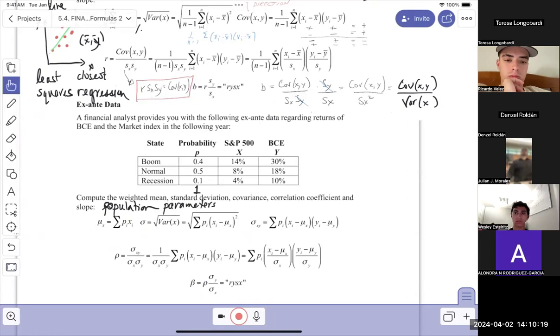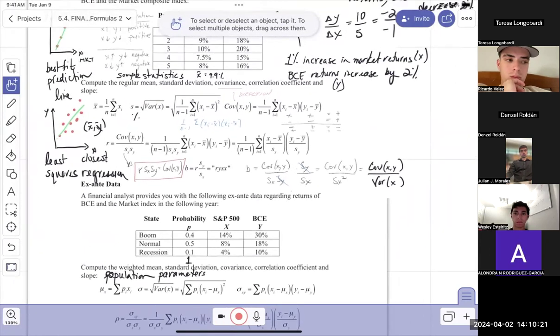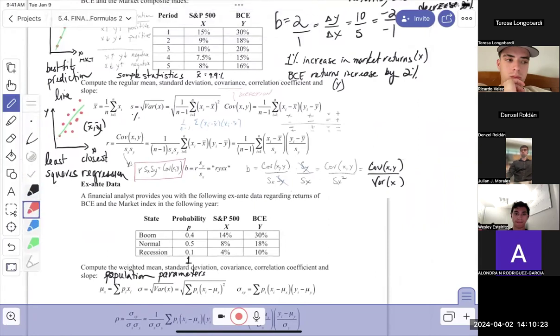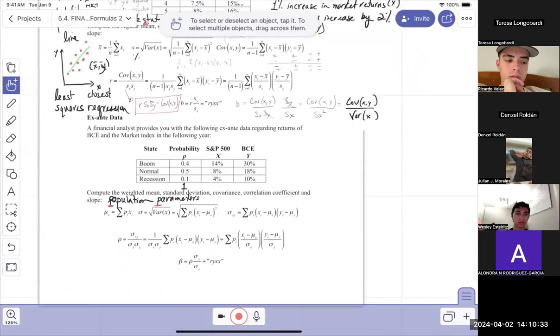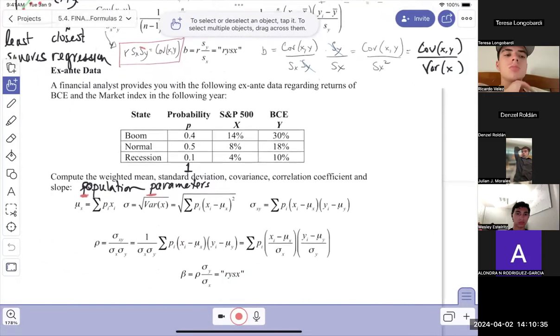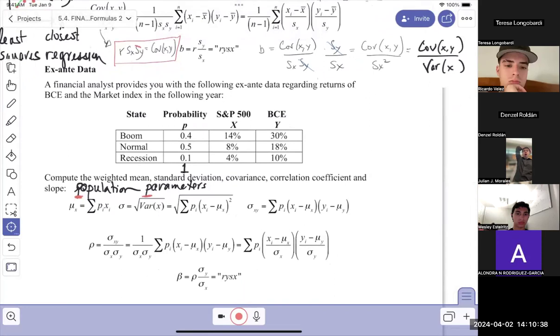So above were sample statistics that we were calculating. Remember, sample statistics as opposed to population parameters. Parameters are the term reserved in statistics to refer to population characteristics, the population mean, the population standard deviation, population covariance, and so on.